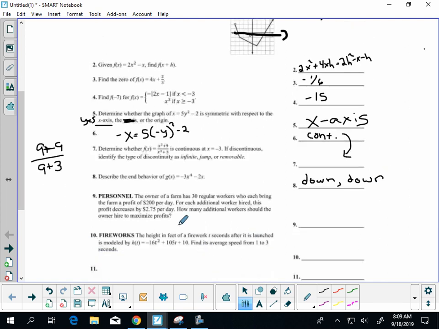Number 9, the owner of a farm has 30 regular workers who each bring the farm a profit of $200 per day. For each additional worker hired, this profit decreases by $275. How many additional workers should the owner hire to maximize profits? So on that one, profits is going to be the number of workers times 200.